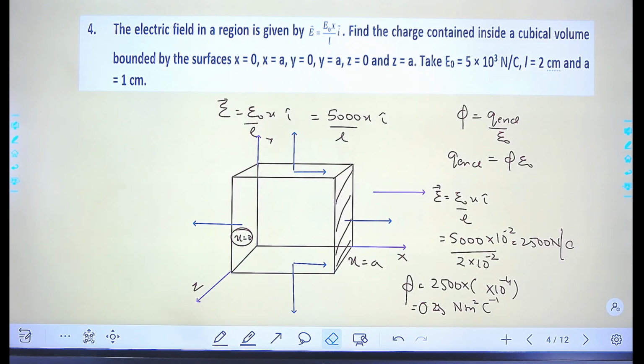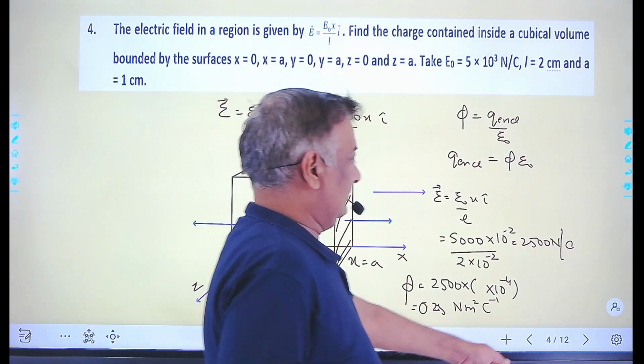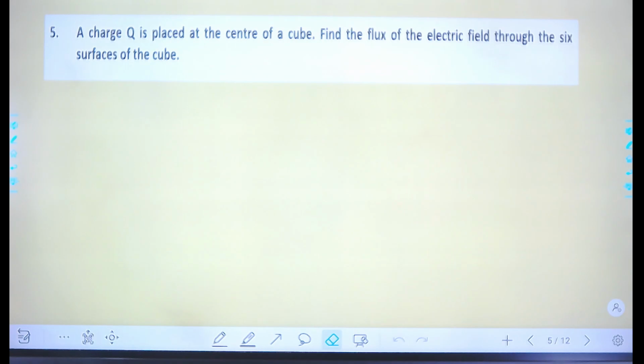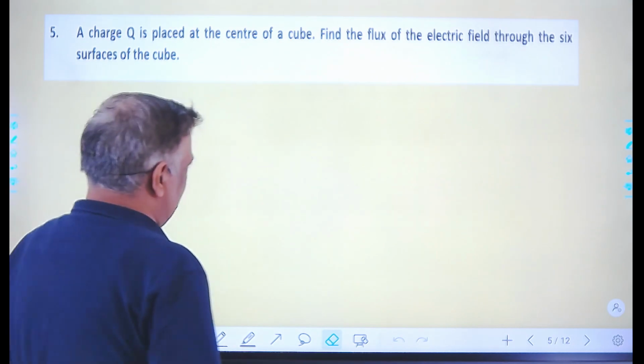Next is: a charge Q is placed in the center of a cube. Find the flux through the 6 surfaces of the cube. This is easy, because it is a simple Gauss law.